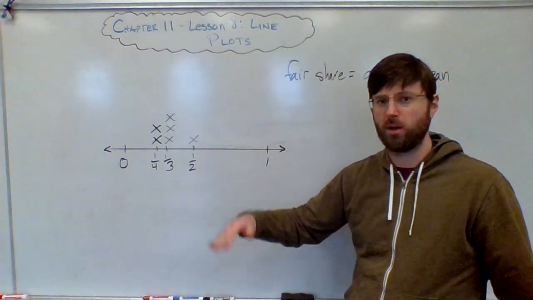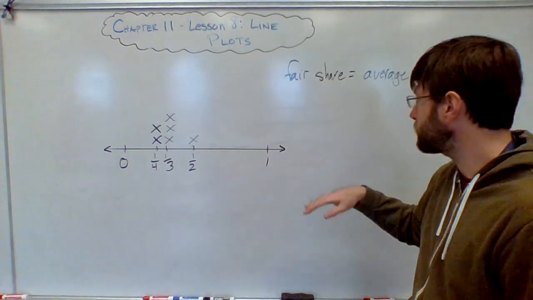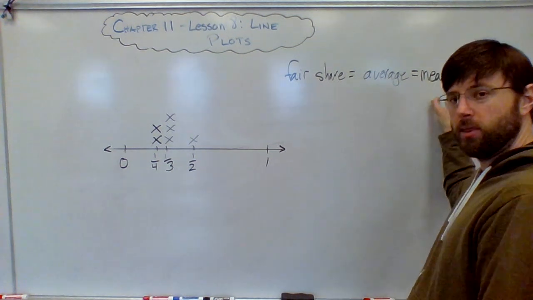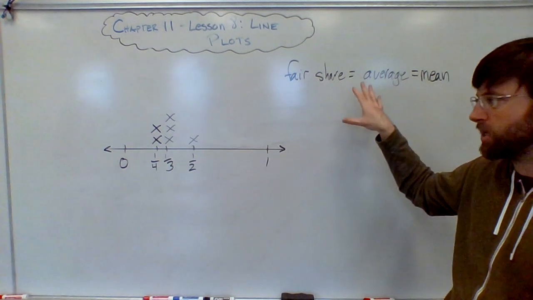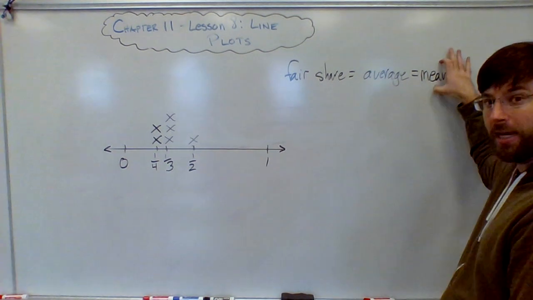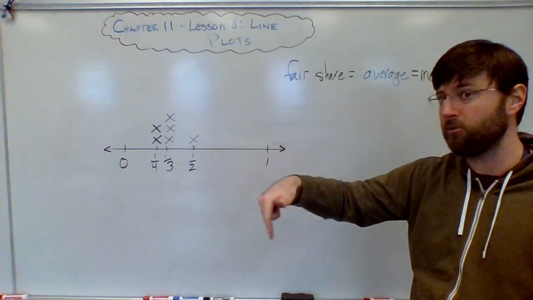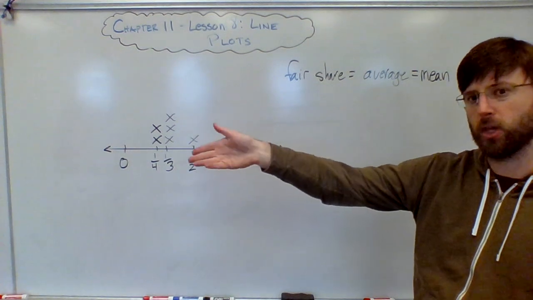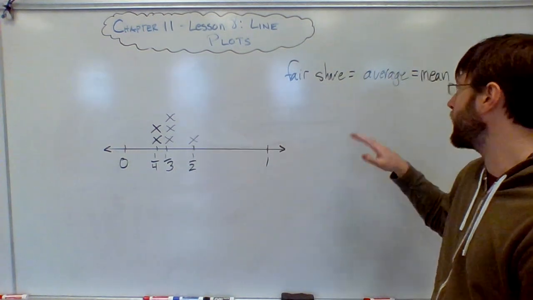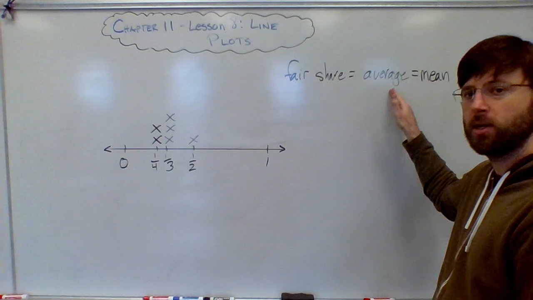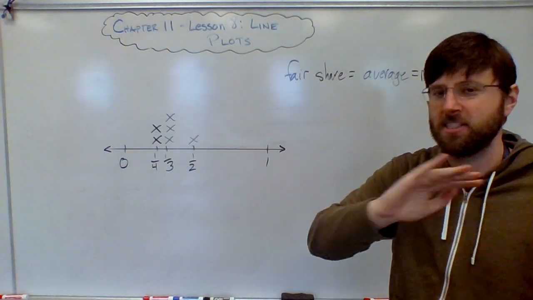The average 5th graders, this tall or whatever. So the type of average we're talking about today is technically called the mean average. And you'll learn more about the median average and the mode average, or modal average, in middle school. Right now, we're just worried about mean average. And it's not mean like, that's not what it is.